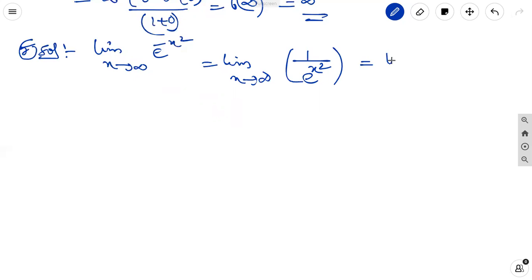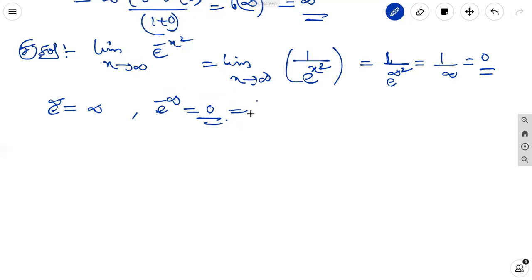It is equal to 1 by e power infinity square, that is e power infinity, which is equal to 0. Why? Because e power infinity equal to infinity, e power minus infinity equal to 0. Why? Because 1 by e power infinity is 1 by infinity, and 1 by infinity is 0.